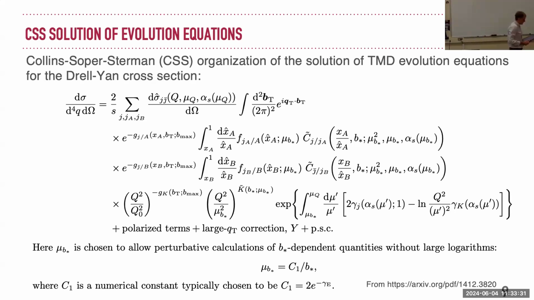So let me give an example of how the separation of perturbative and non-perturbative is happening. I'll write my Collins-Soper kernel K of BT and mu equal to K of B star and mu, plus K of BT and mu minus K of B star and mu.